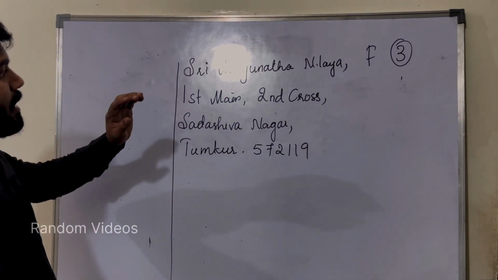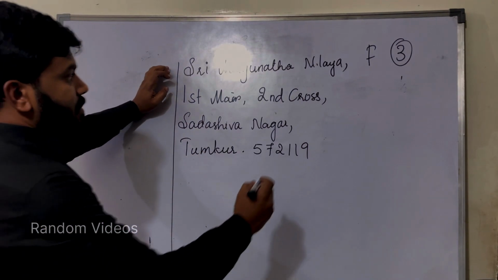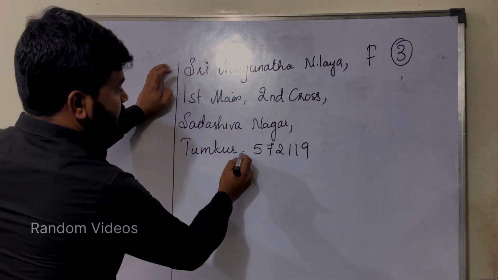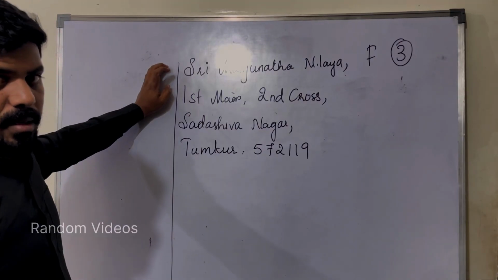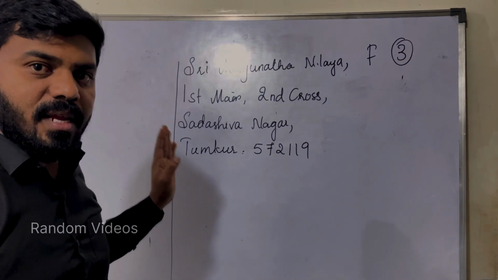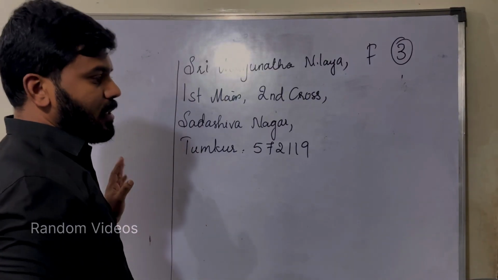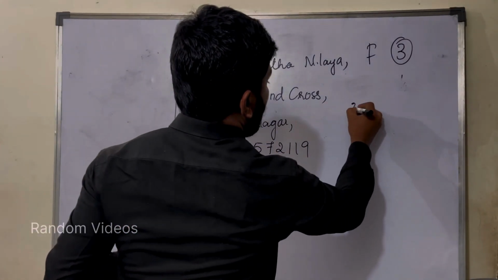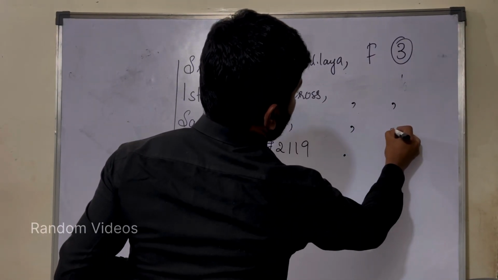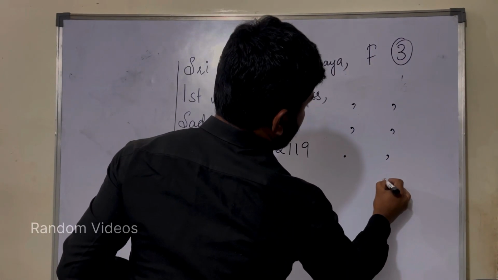So if you can observe here, there is a comma here, there is a comma, there is a comma, there is a full stop here. In the ICSE letter, punctuation is very important. You can either have comma, comma, full stop or comma, comma, comma, full stop.